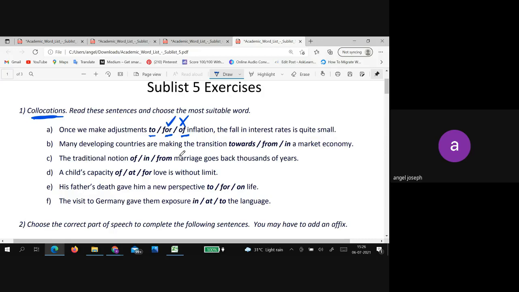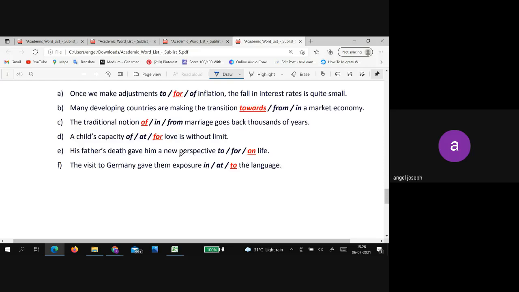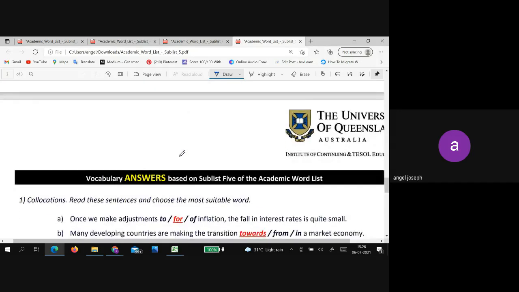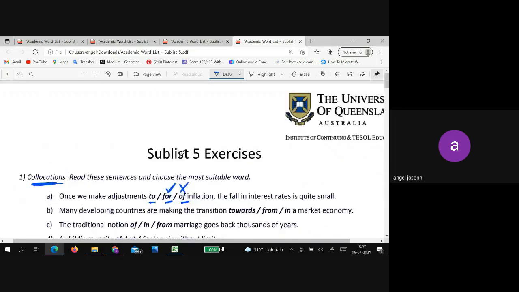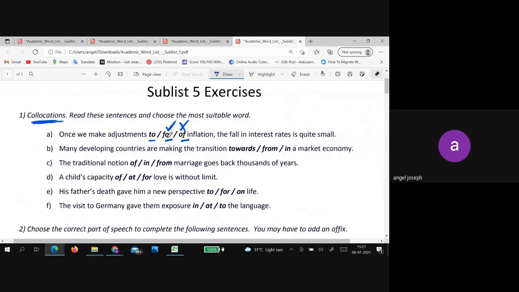Let me just quickly check that as well. Yes, it is for. Once we make adjustments for inflation, that is, adjustments made to account for inflation, the fall in interest rates is quite small.